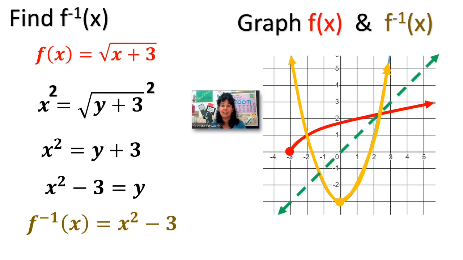If I put in that line y equals x, the graph of f inverse should be a reflection of the graph of f across the y equals x line. This parabola is too much graph. It is not the graph of just that one piece right there reflected across the y equals x line.